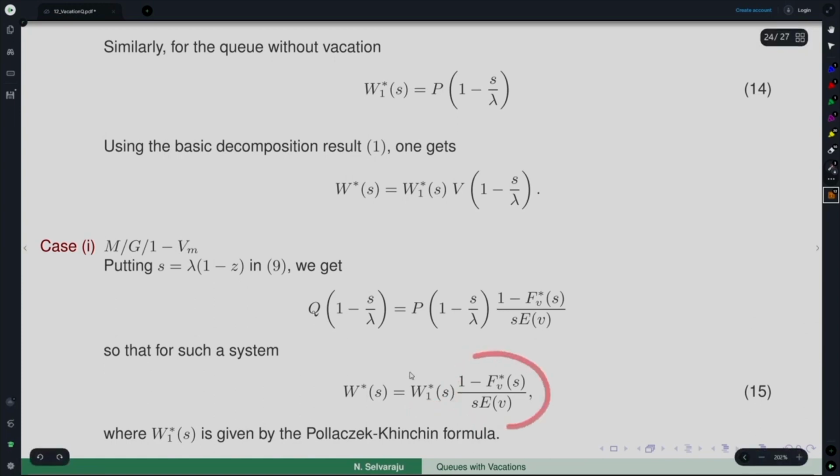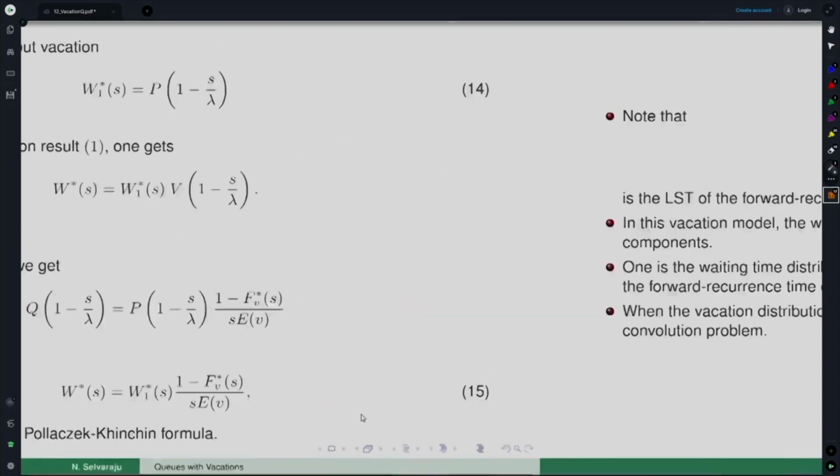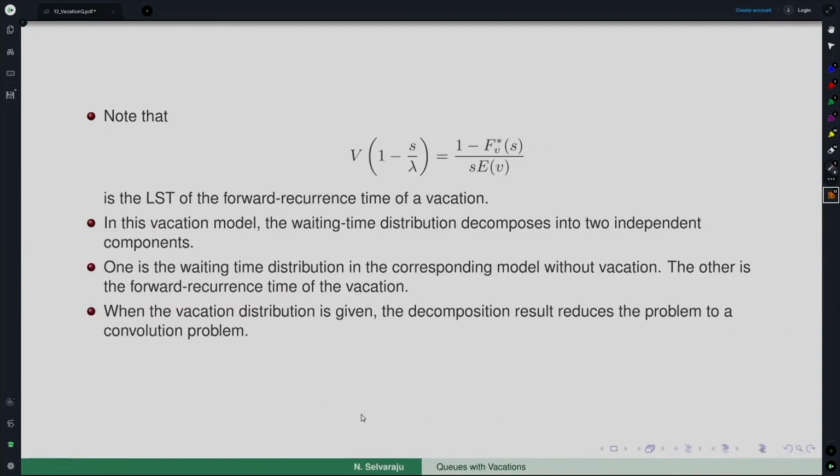From the distribution of the vacation duration we know its Laplace transform, and from there you can get this expression, and hence you can get the expression for the waiting time distribution of an M/G/1 queue with multiple vacations. Note that this is the forward recurrence time, or residual vacation duration; this quantity is the Laplace transform of the residual vacation time.